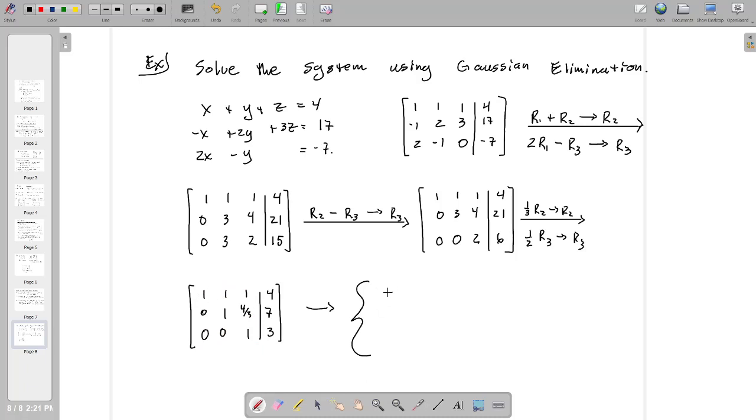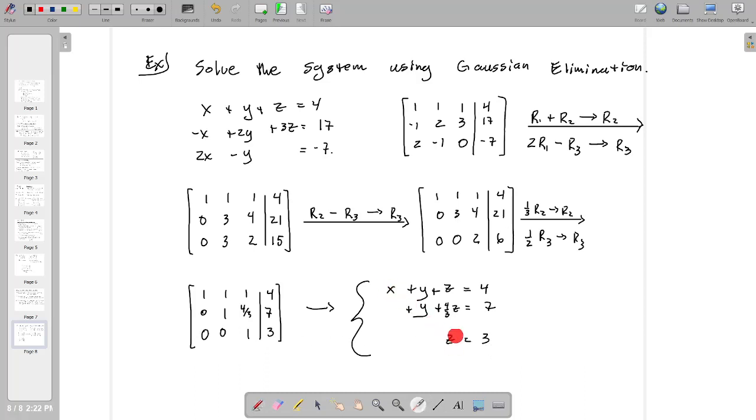So 1 times x plus 1 times y plus 1 times z is equal to 4. 0 times x plus 1 times y plus 4/3 times z is equal to 7. 0 times x plus 0 times y plus 1 times z is equal to 3.